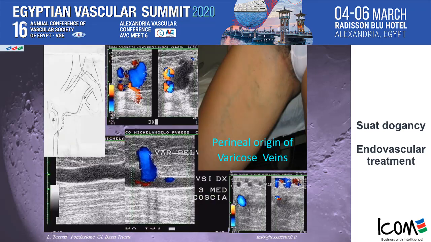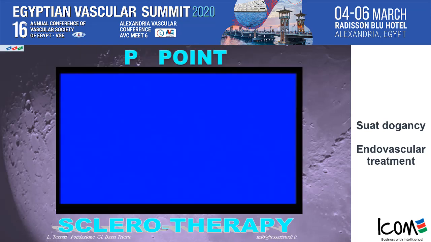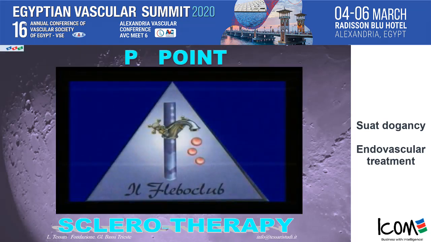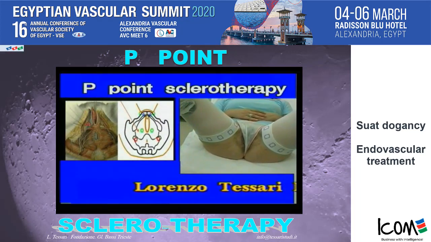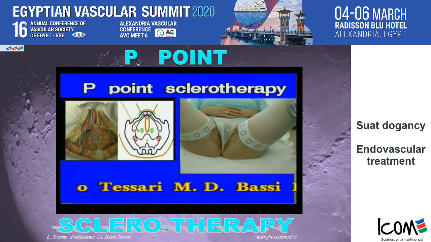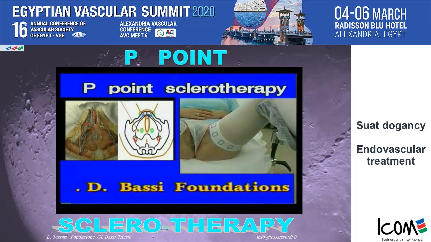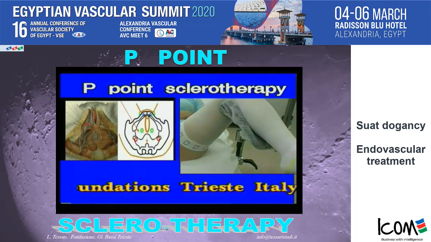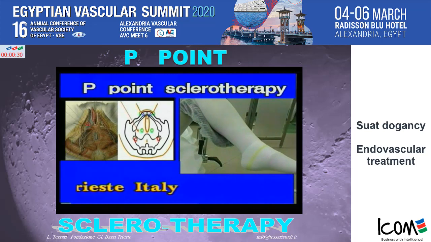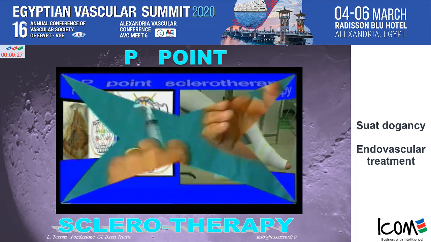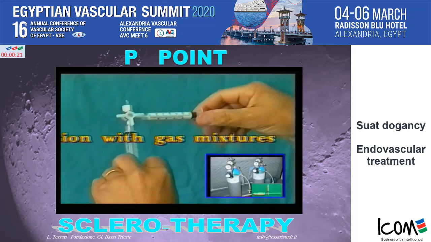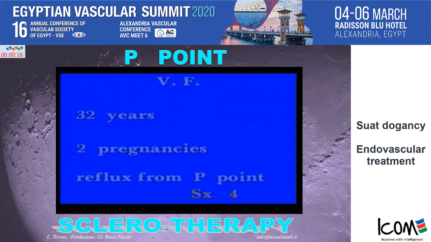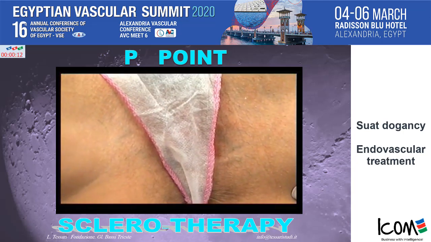So I'll let you see directly a short video for perineal vein in 2 or 3 cases, and in that position with the echo color Doppler we prepare foam with gas, 30% of oxygen and 70% of CO2.